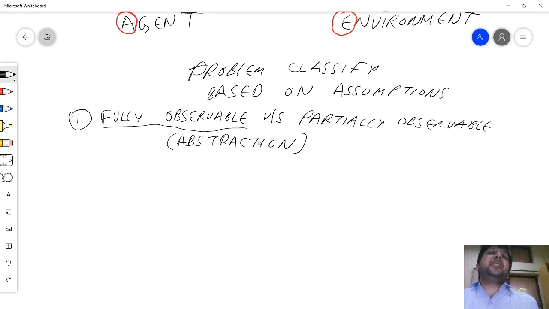Every problem will be solved at a particular level of detail, at a particular level of abstraction. If I'm just planning a generic route that satellite navigation, Google Maps does, I'm okay with that. At that abstraction, it's fully observable. Of course, there is a possibility that a road might be completely blocked, but I'll be practical.